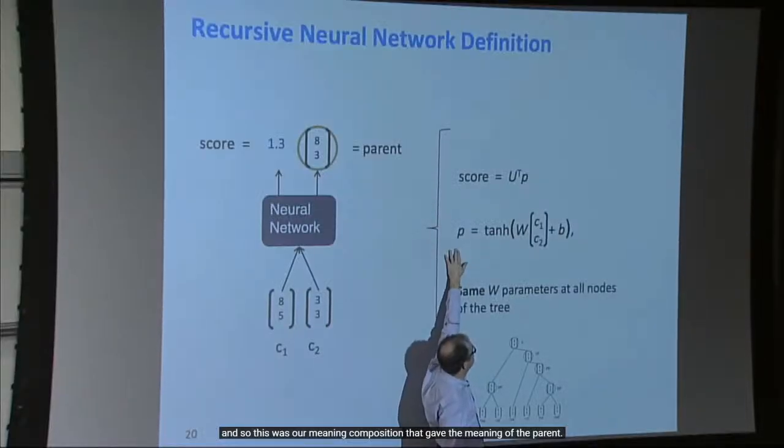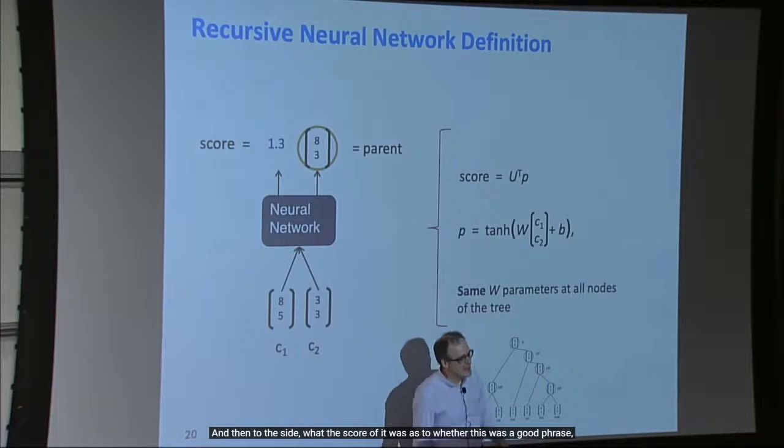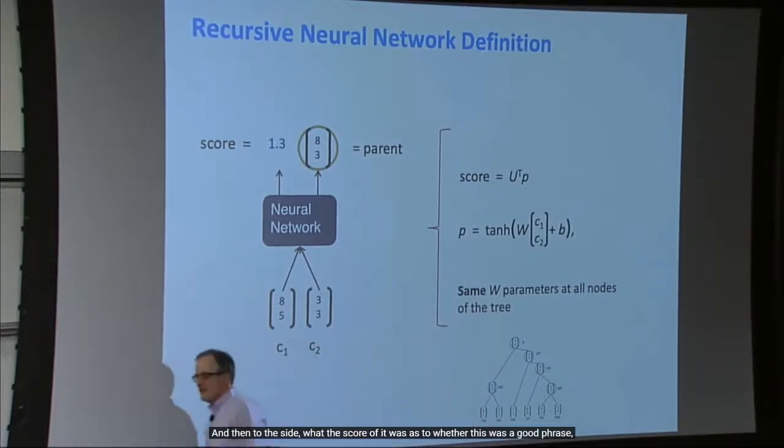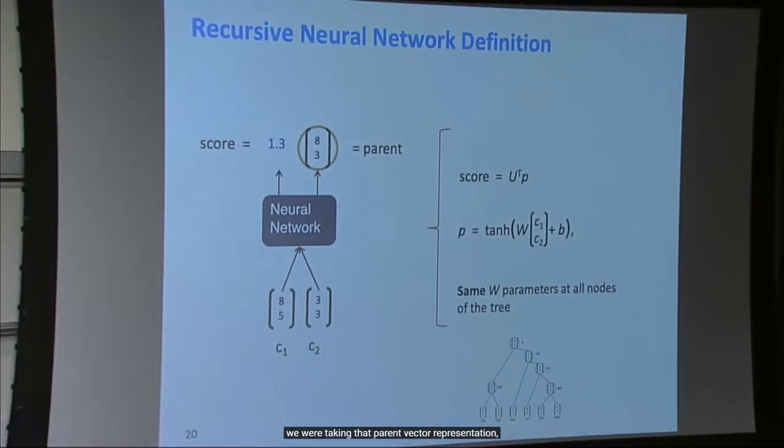That gave the meaning of the parent. And then to decide the score of whether this was a good phrase, we were taking that parent vector representation and multiplying it by another vector, and that was giving us out a number. If you think about it a bit while we're doing this, you might think that this isn't quite a perfect model of meaning composition, and later on in the class I'll talk about some more complex models that we then started to explore.